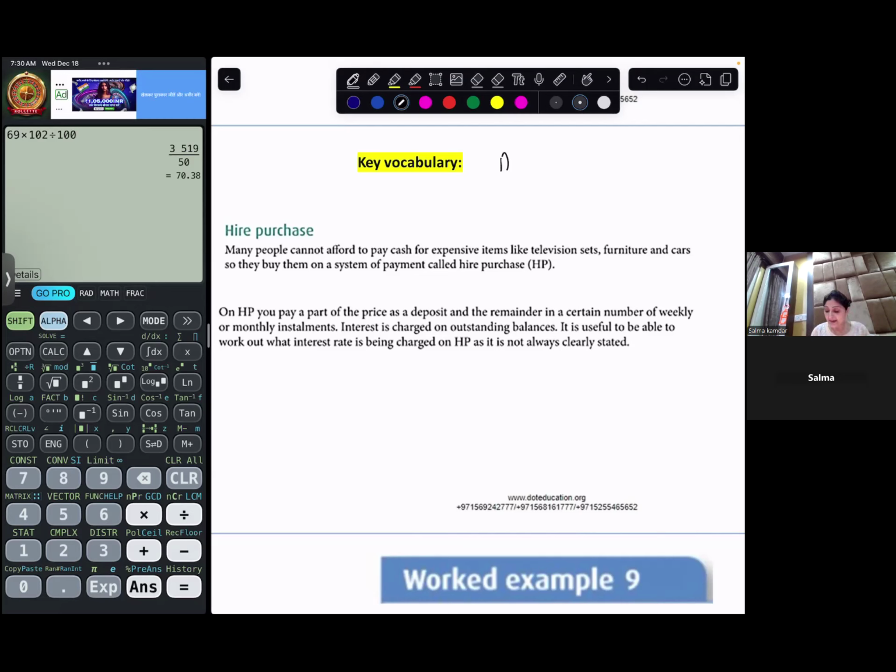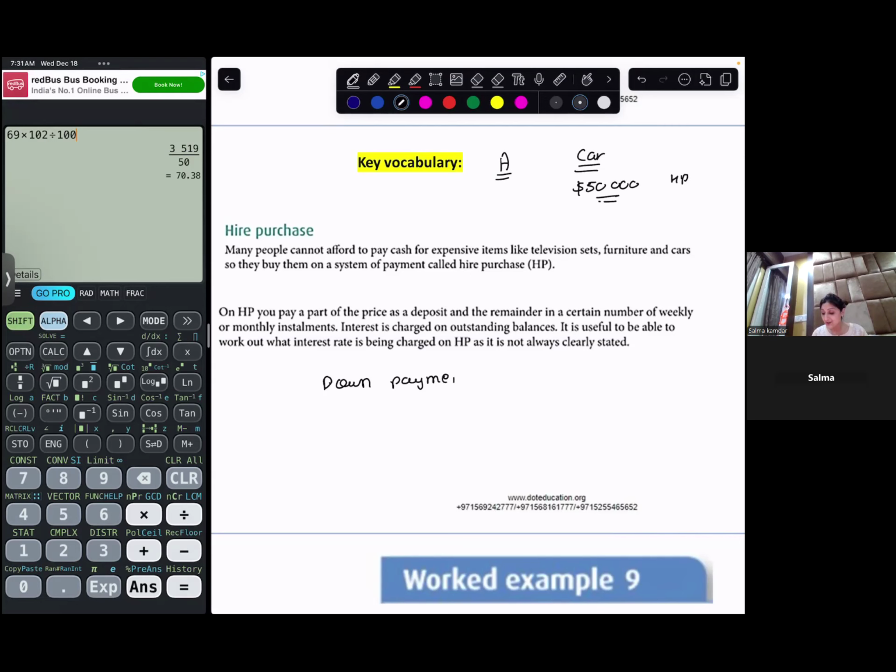Say I am A and I want to buy a car. The value of that car is $50,000 and I cannot pay this entire 50,000 immediately. So there is a system which is called the hire purchase system where I first do a down payment. Down payment is the initial amount that you pay while buying the asset.